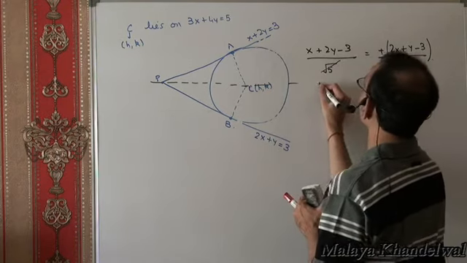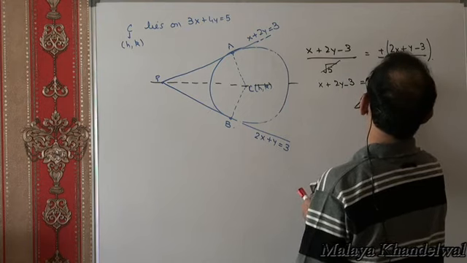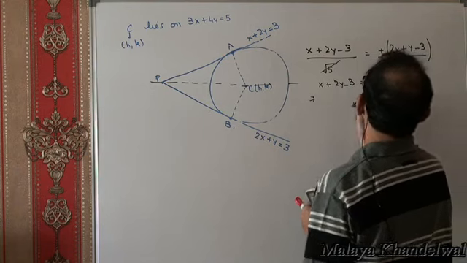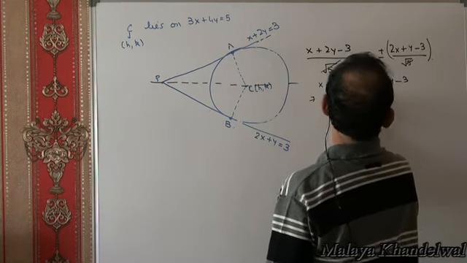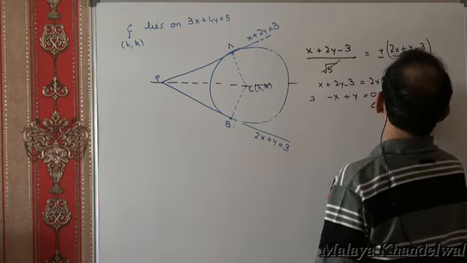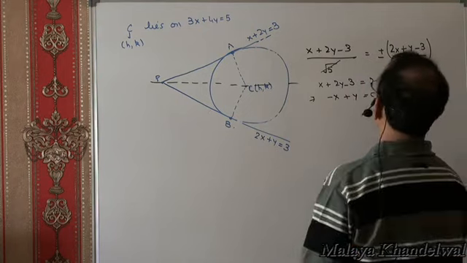One, if I take the plus sign, I get x plus 2y minus 3 equal to 2x plus y minus 3. On taking the plus sign, that gives me minus x plus y equal to 0. So this is like a line x equal to y, one possibility. So C could lie on x equal to y, right?